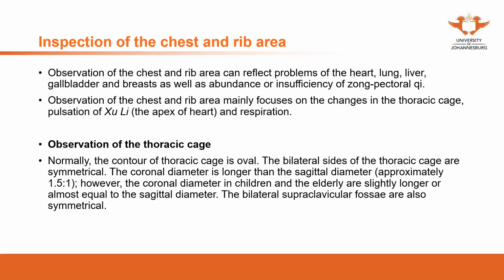Next, we're going to introduce the inspection of the chest and ribs area. In this session, we're also going to give you a very general introduction, because these examinations are more focused on the physical examinations that you're going to learn in general medicine diagnostics.